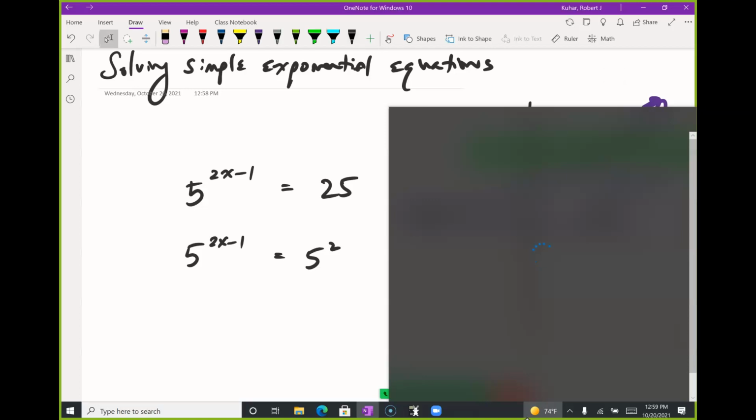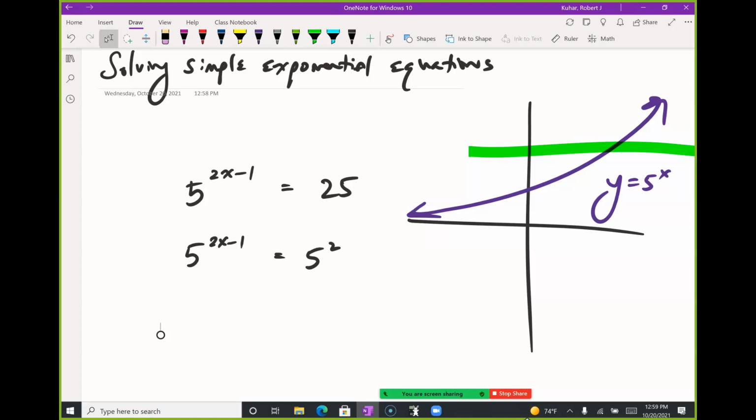You with me? Yes. I've got y values. I've got 5 to the x values, right? So I've got exponential functions here that are 1 to 1. I already know they're 1 to 1, okay, because of the horizontal line test.